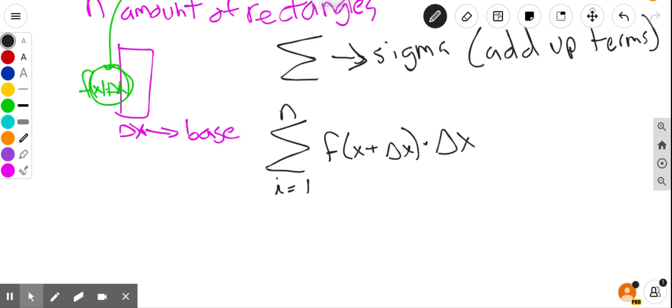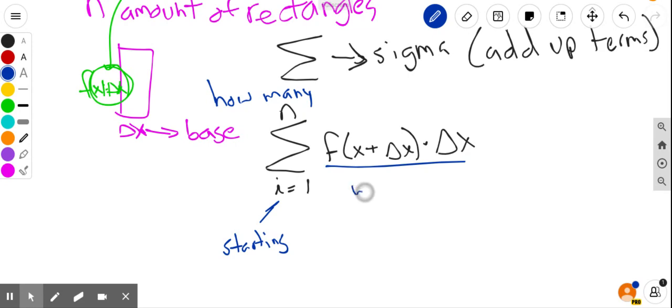So that's what the sigma notation is, and that's how you read it.